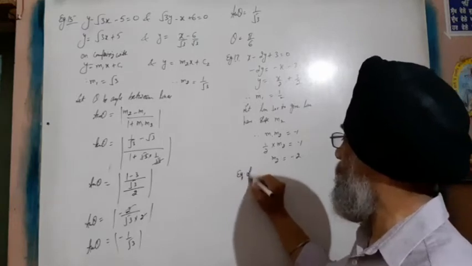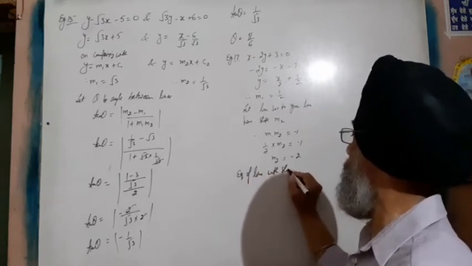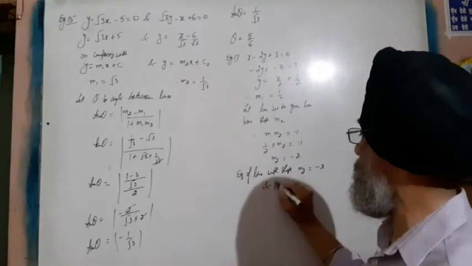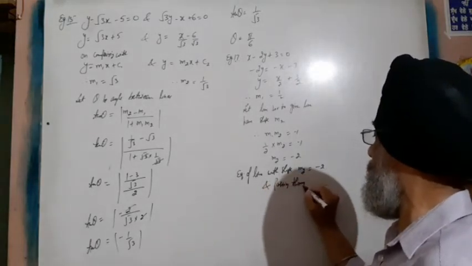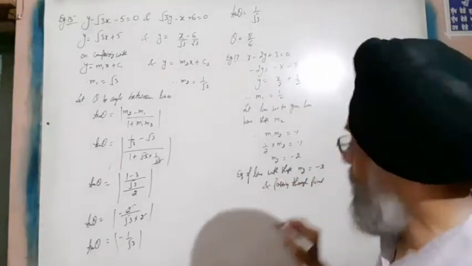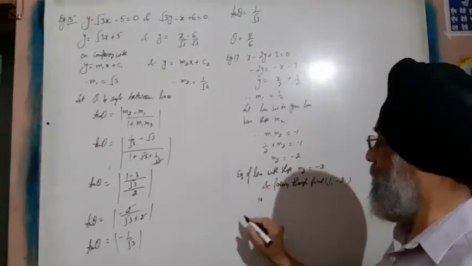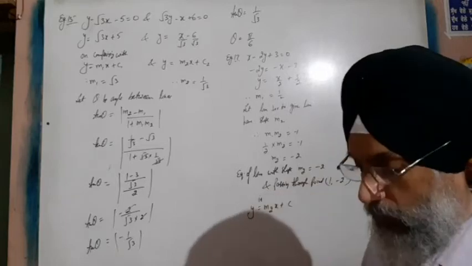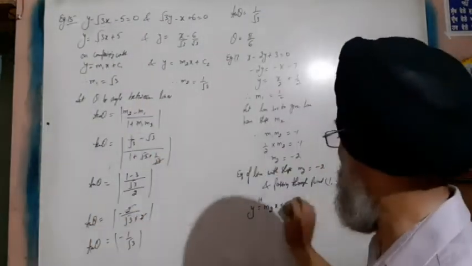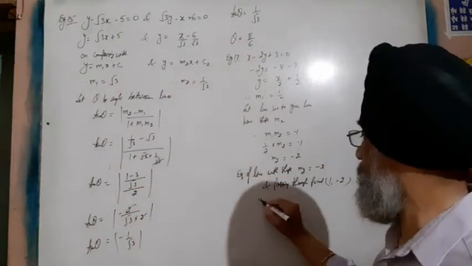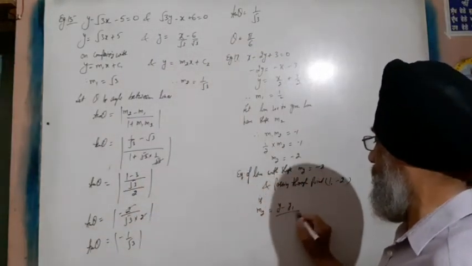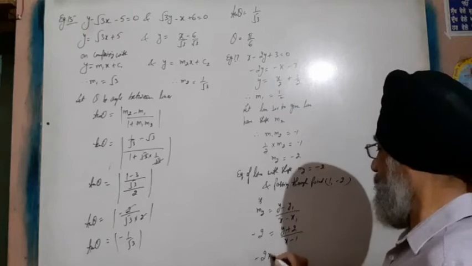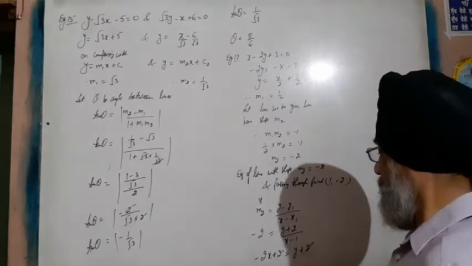So the equation of the line with slope m2 equal to minus 2 and passing through the point (1, minus 2) is y is equal to m2 x plus... no, we will take here the point slope form, that is given by m2 is equal to (y minus y1) upon (x minus x1). m2 is minus 2, so (y plus 2) upon (x minus 1) is minus 2, giving minus 2x plus 2 is y plus 2, cancelling 2 from here.